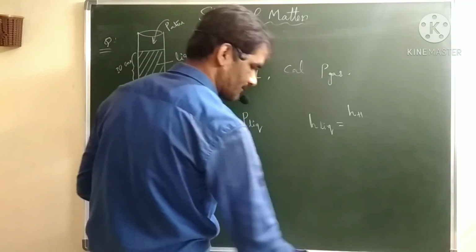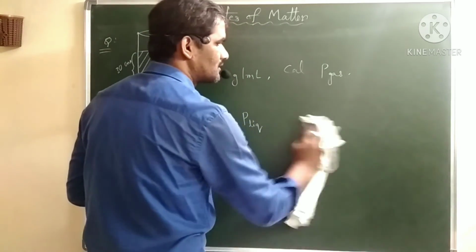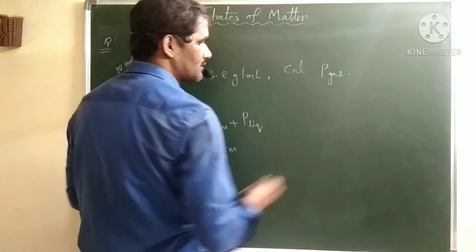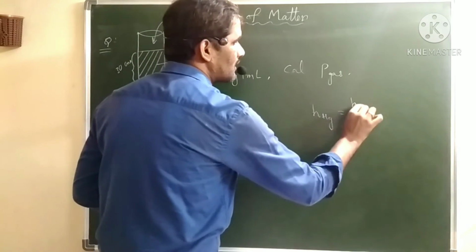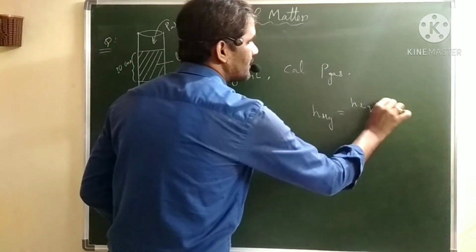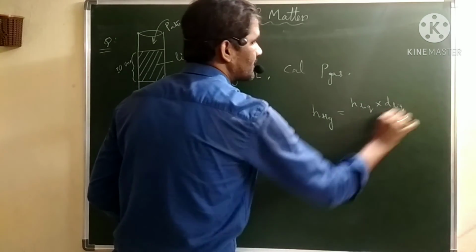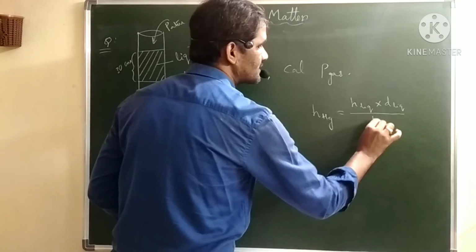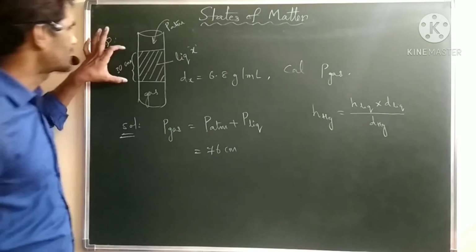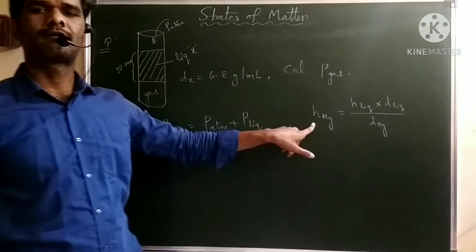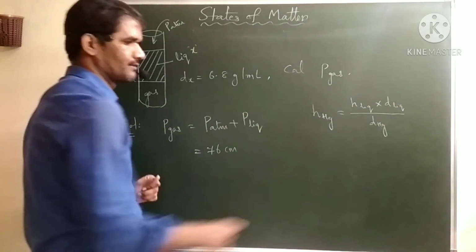Here we require height of mercury. So height of mercury equals height of liquid into density of liquid by density of mercury. By using this formula we can convert the height of liquid into height of mercury as in the previous question.